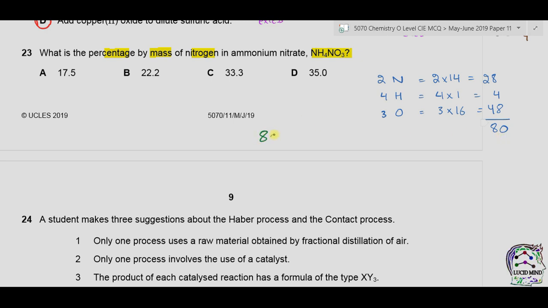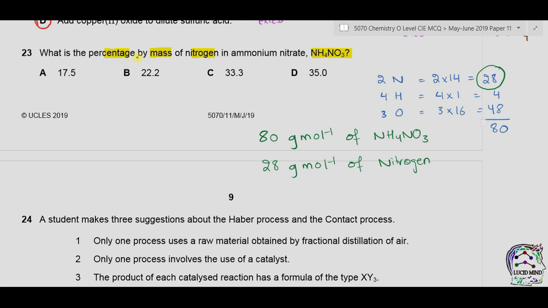So we can say that in 80 grams per mole of ammonium nitrate, we have 28 grams per mole of nitrogen. We also have 4 grams per mole of hydrogen and 48 grams per mole of oxygen, but they are not needed as we are going to find the percentage by mass of nitrogen only.